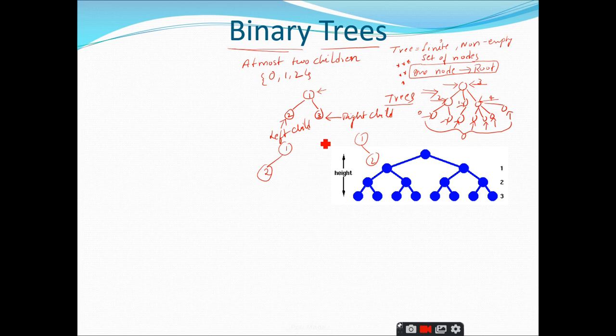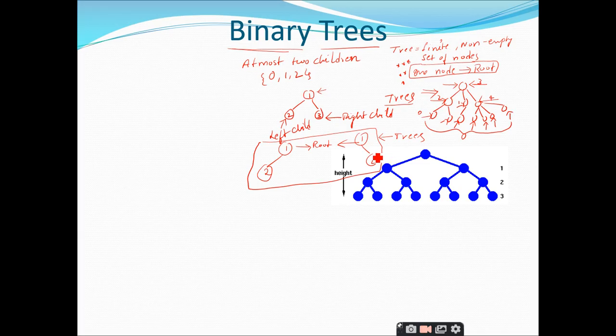Yes, sir. So if you look at these two diagrams, I can understand that 1 is the root node, and I can say that 2 is the child node. But if you consider these two examples under the category of trees, is there any difference? Normal trees.